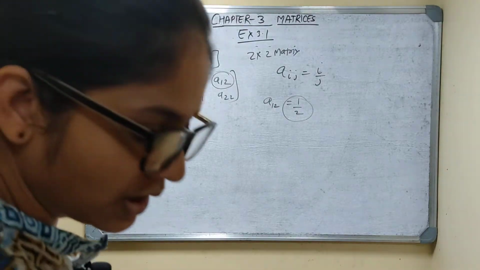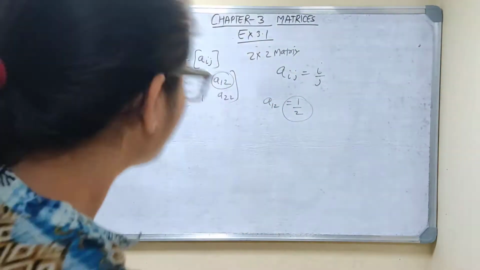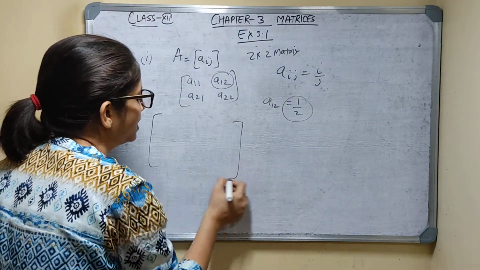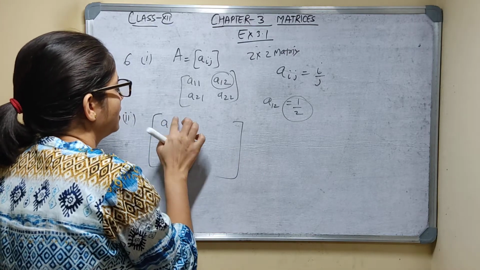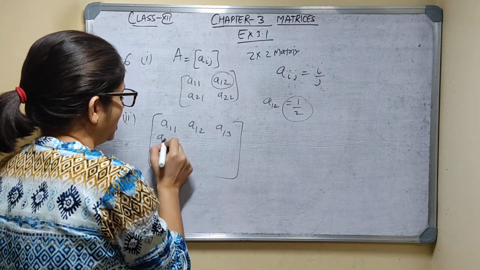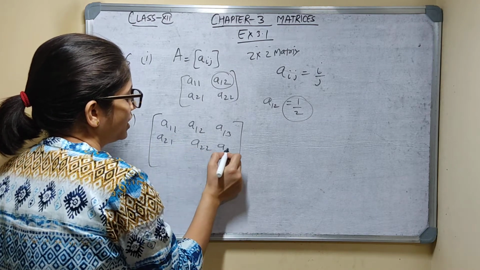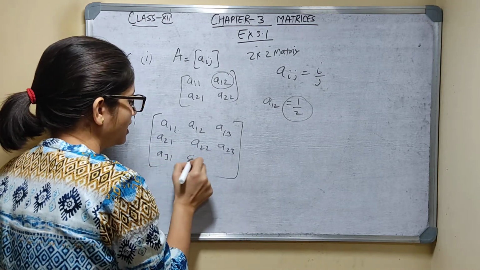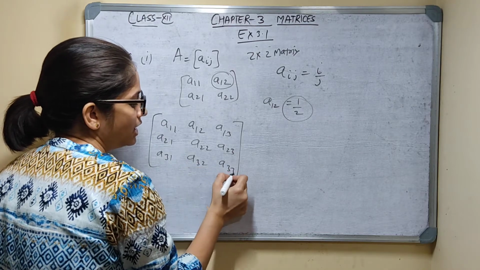It's given, write the element A23 of a 3 into 3 matrix. 3 into 3 means 3 rows, 3 columns. A11, A12, A13, A21, A22, A23, A31, A32, A33.